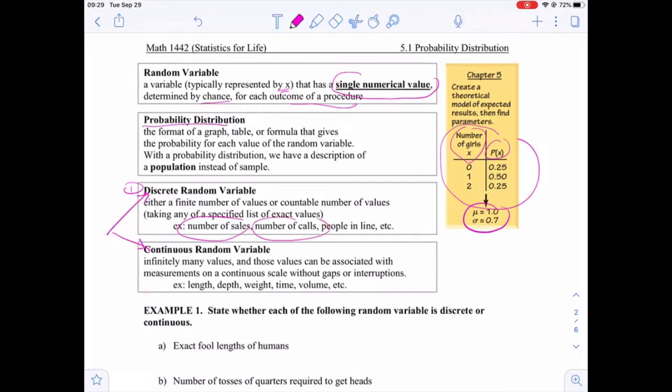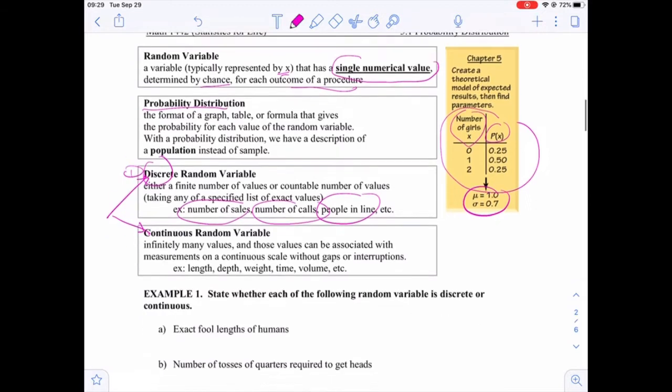The number of phone calls can be 0, 1, 10, or 100, but not 1.5 phone calls. People in a line, we just count them 1, 2, 3, etc. So these are discrete random variables because they are whole numbers and do not accept fractions.